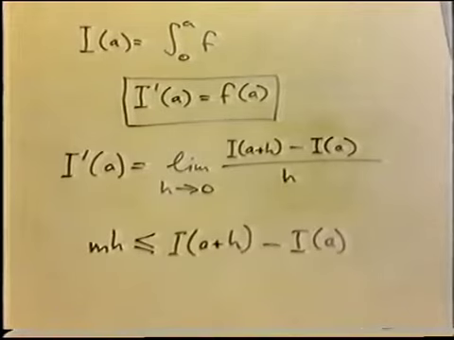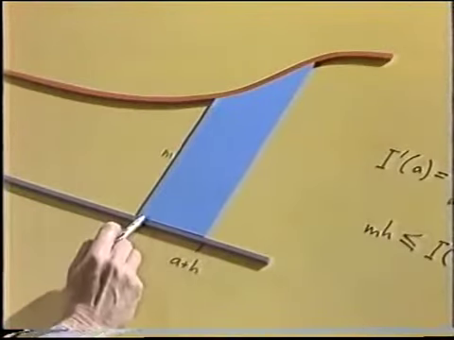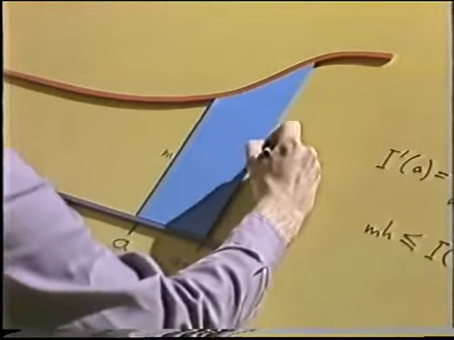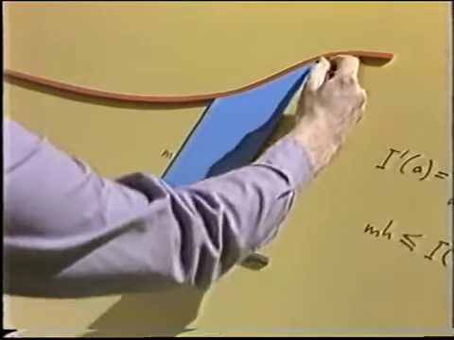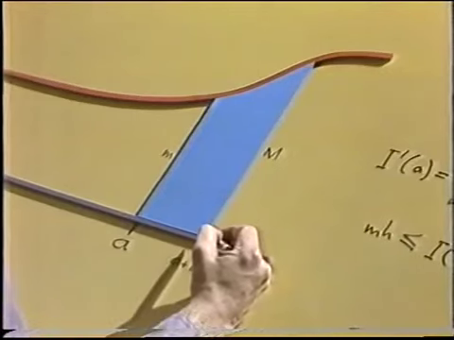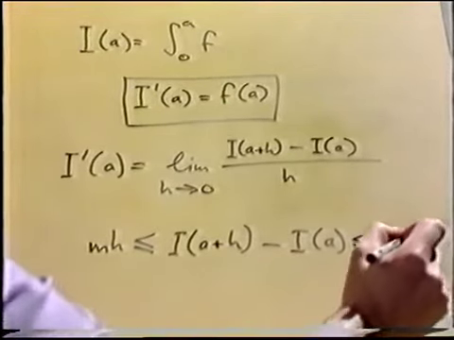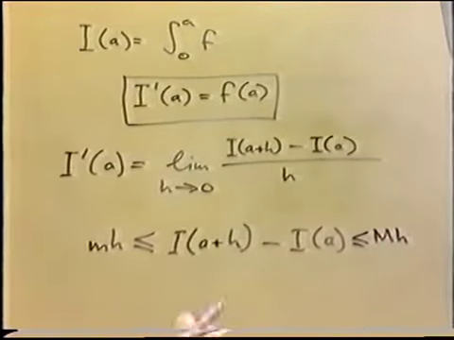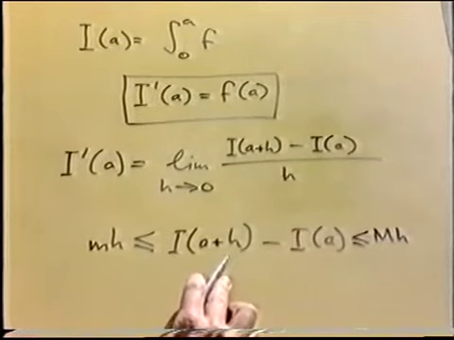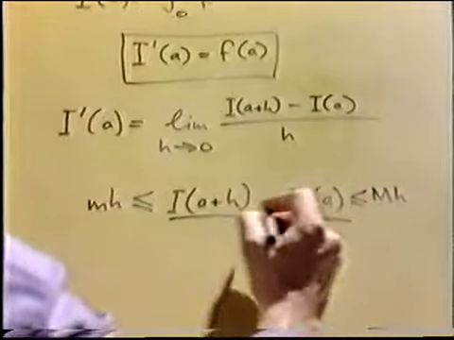And in the same way, the largest upper sum is given by this rectangle, again of width little h, but height big M, the largest value of f in the interval. So our integral expression is less than or equal to big M h. But we want the limit of this divided by h to get I prime of a. So I divide by h.